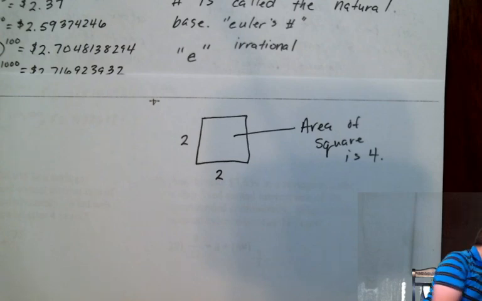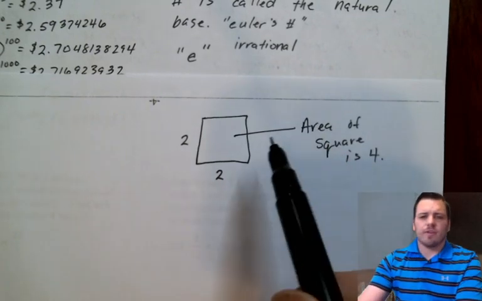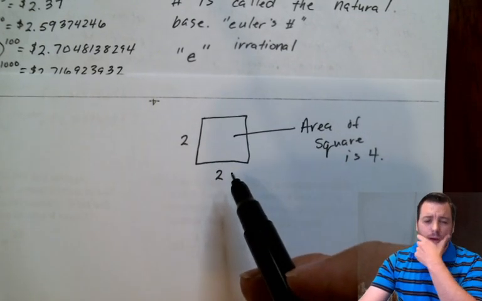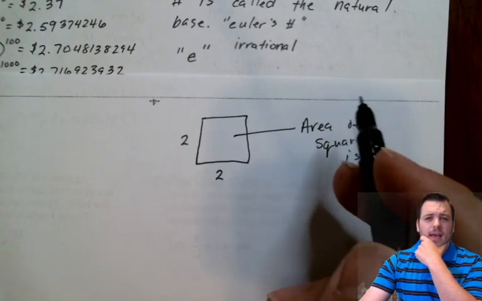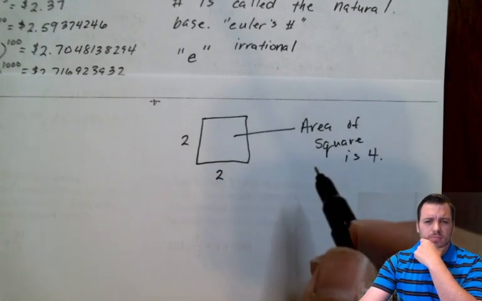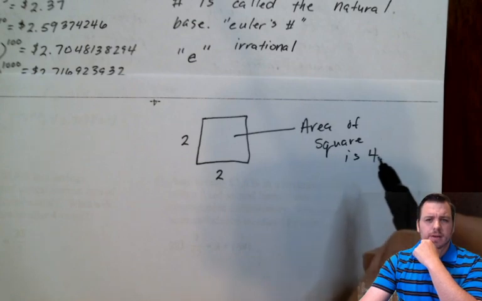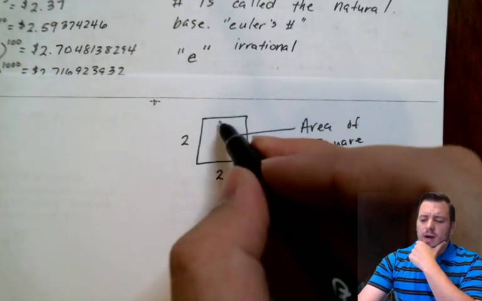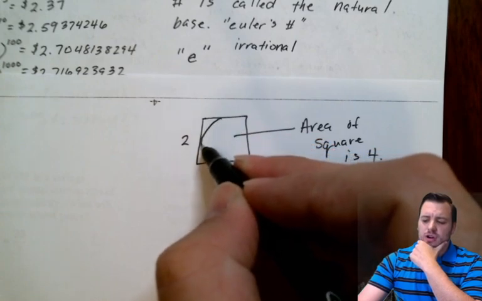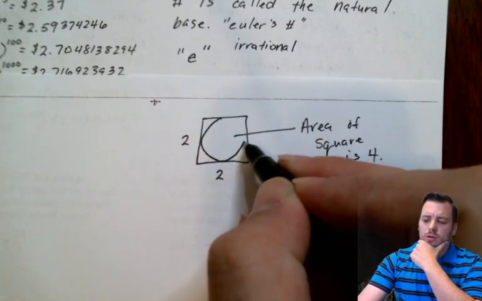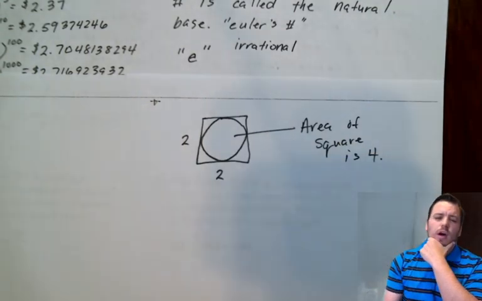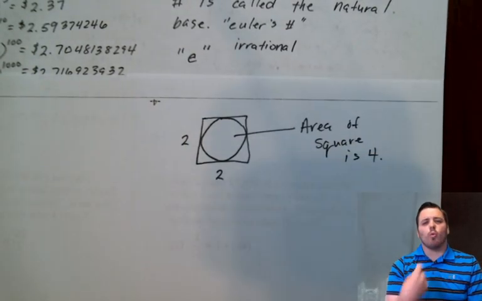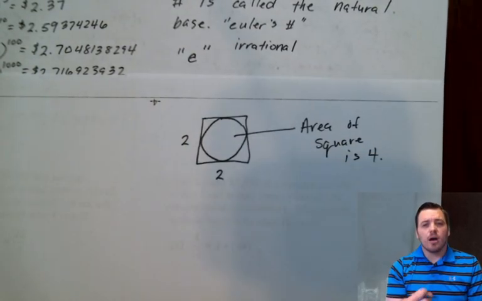I think it's important that you realize where this is coming from. So if you have a 2 by 2 square, the area is 4. But when you inscribe this square with a circle, the question would be this: what is the area of the circle?